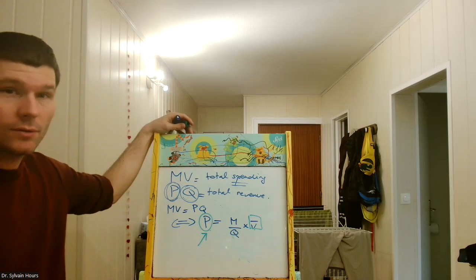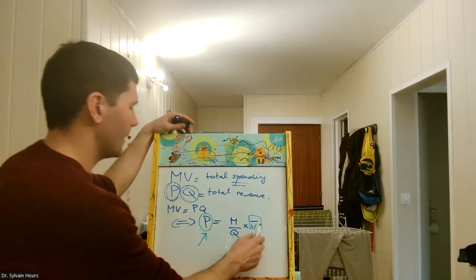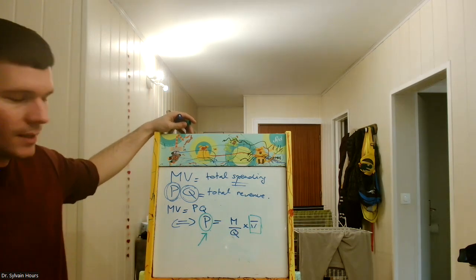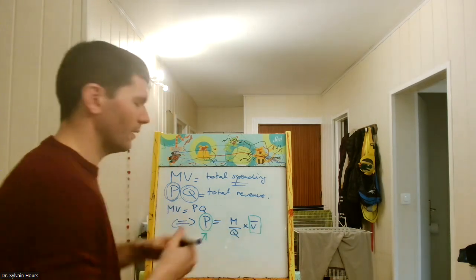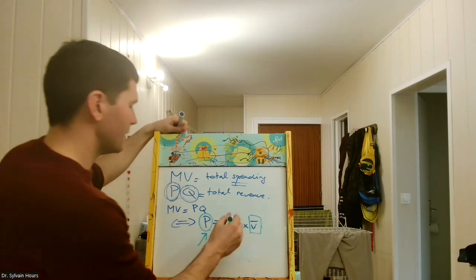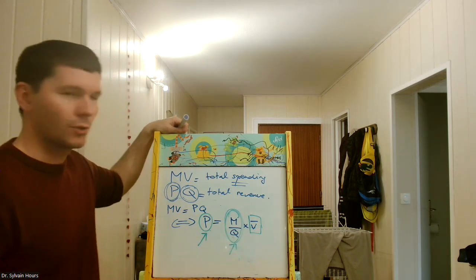That's the definition of having inflation. And if we assume that the velocity of circulation is constant, V does not change, the only situation where the price level can increase is if this ratio increases, if M over Q increases.